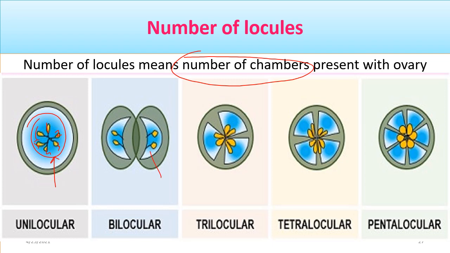Here number of chambers 1 and 2, here 1, 2 and 3, 1, 2, 3 and 4, 1, 2, 3, 4, 5, 6. Okay, so it is either penta, tetra, tri, bi, uni, or even it may be multilocular. Many chambers might be there, as in lemon or all kinds of citrus fruits.